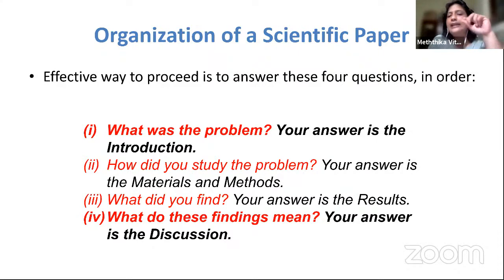That is the most important part of your paper, the discussion. Without discussing your data, the paper will not be published, the paper will not be accepted. So that is very important, okay?